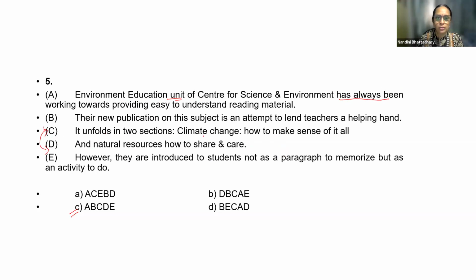It unfolds two sections: climate change, how to make sense of it all, and natural resources, how to share. Correct? And in B, their new publication, the environment education unit center. So B comes after A. We are left with E, so E is the concluding sentence. Correct.